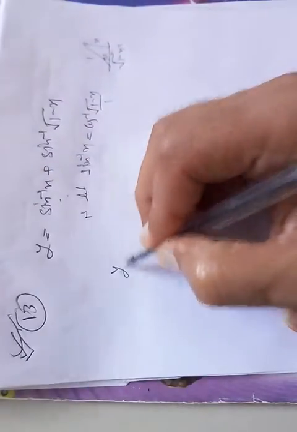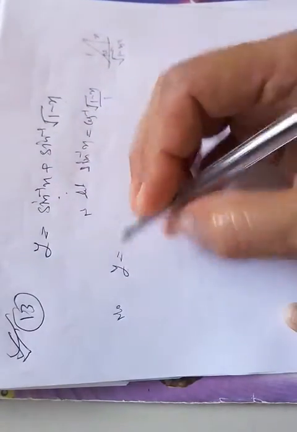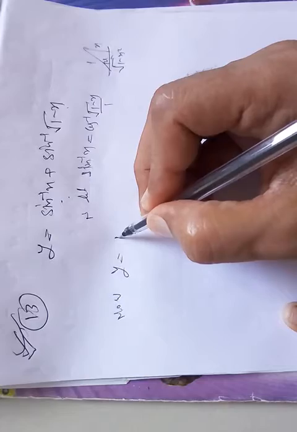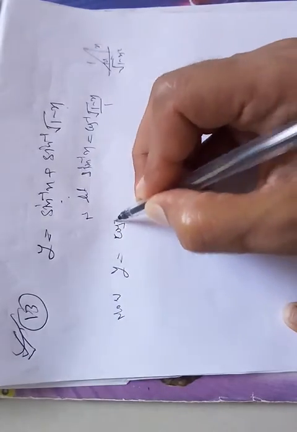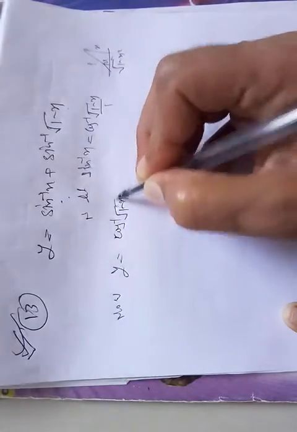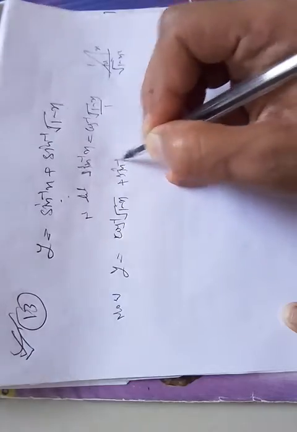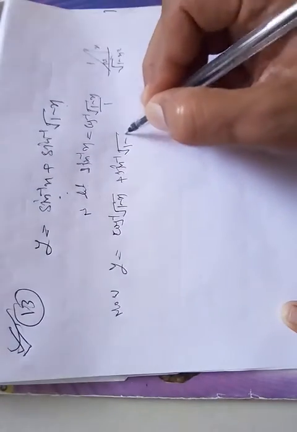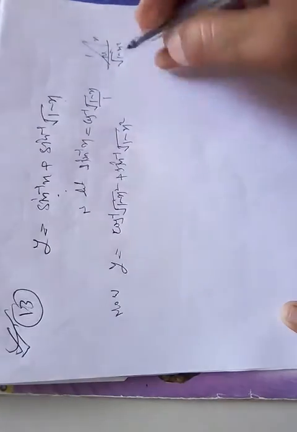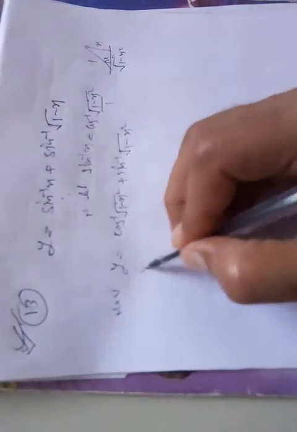So now y equals cos inverse under root 1 minus x plus sin inverse under root 1 minus x square, sorry, this is square.